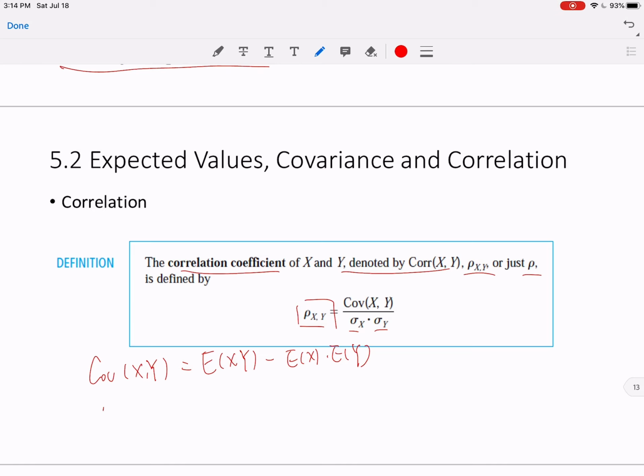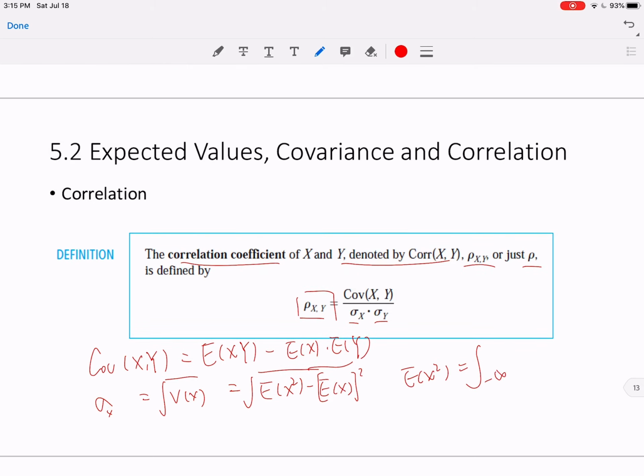And then sigma x would be equal to the square root of the variance of x, right? And we know the variance would be equal to E of x squared minus the quantity square of E of x. And then of course E of x squared, if it is continuous, would be the integral from negative infinity to positive infinity of x squared f of x dx.